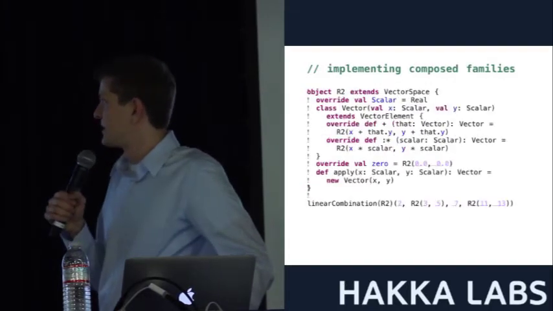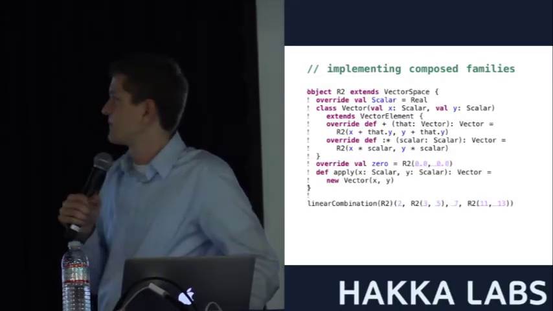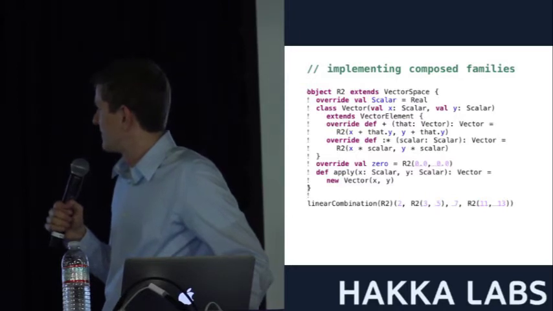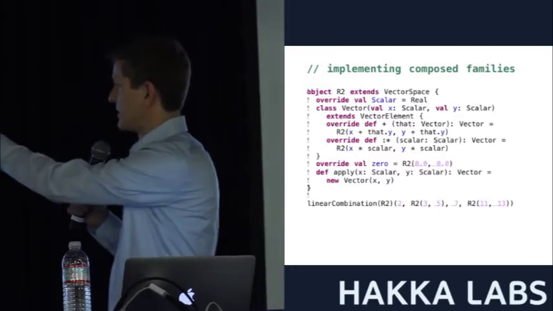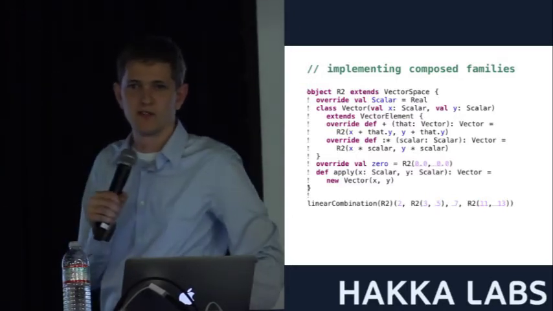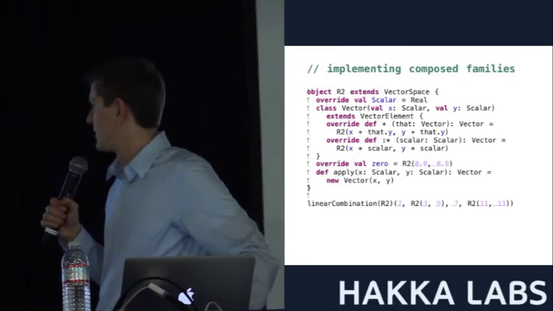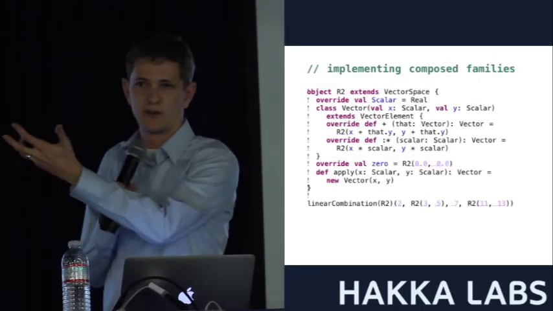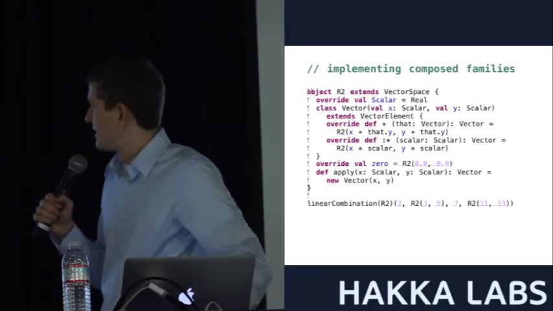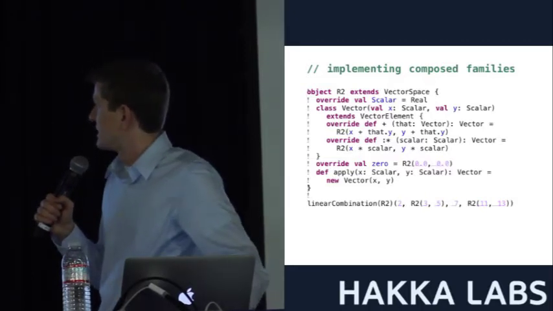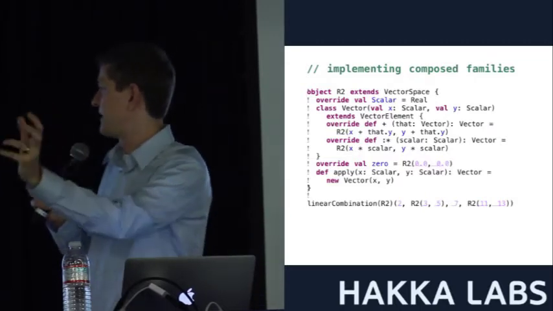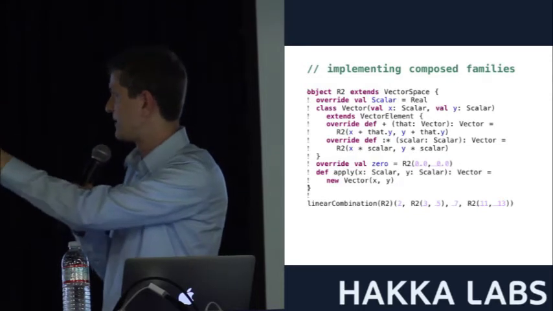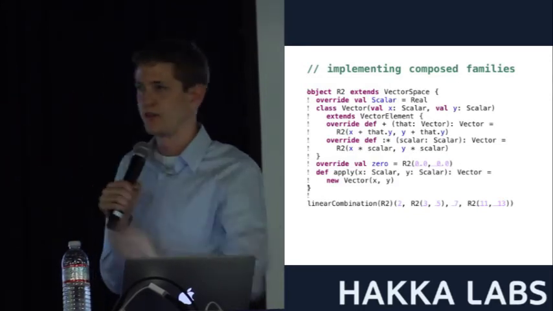Let's look at an implementation of what a vector space might look like. We want to implement R2, the space of two-dimensional real vectors. The scalar field of that is just the real field that we defined earlier. So all you have to do is define that value and assign it to the object that implemented the real field.